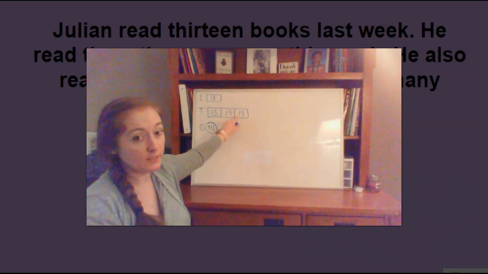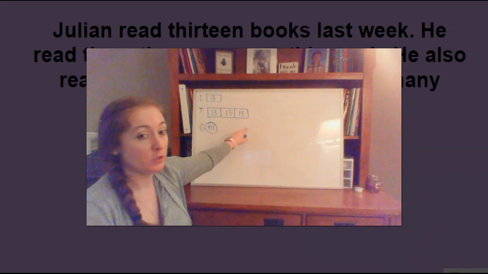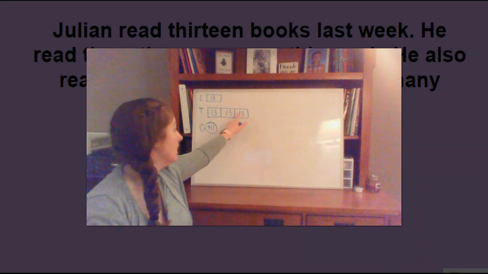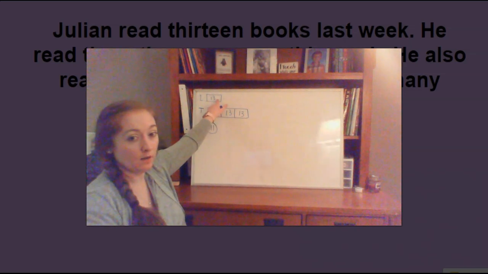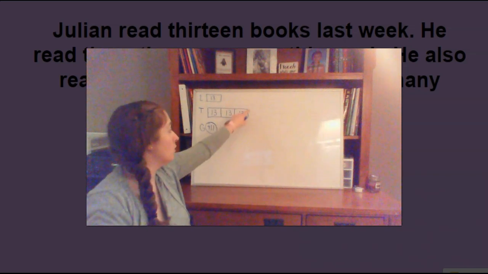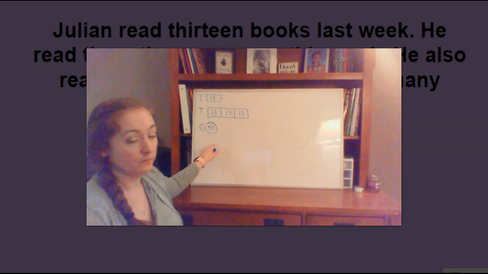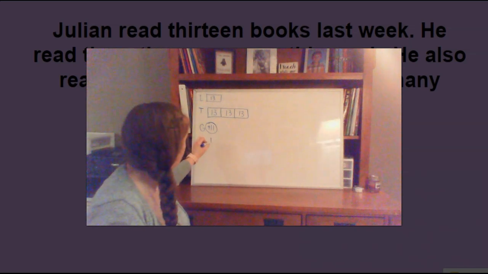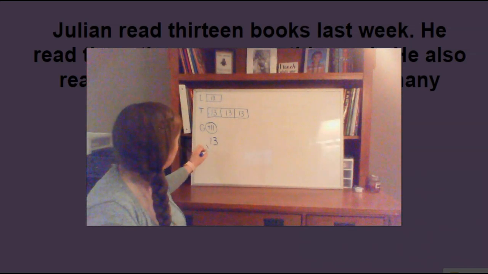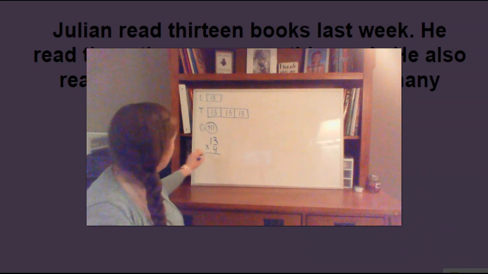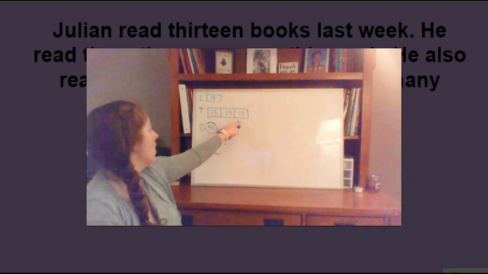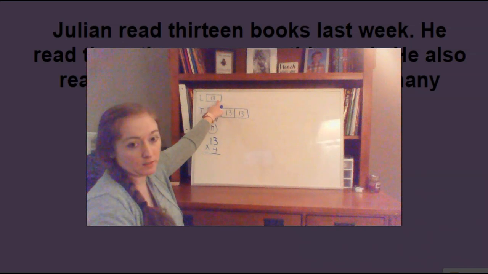They're all worth 13. So what I'm going to choose to do is do 13 times 1, 2, 3, 4. Okay? That will tell me the total of last week and this week, and then I'll add on this 11. So here we go. I have 13, and I'm going to multiply by 4. Again, that 4 is coming from 1, 2, 3, 4 boxes.